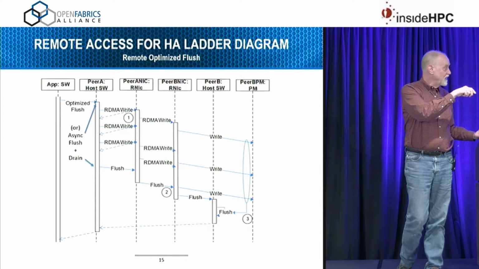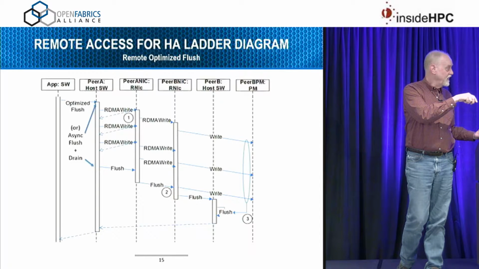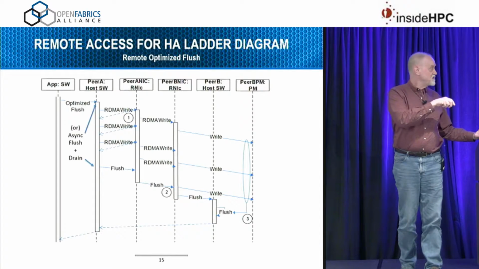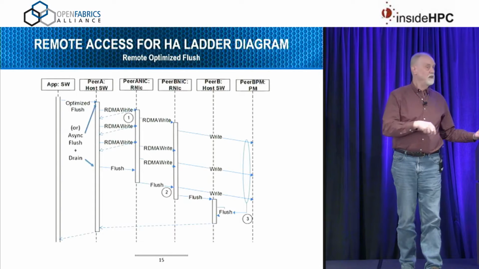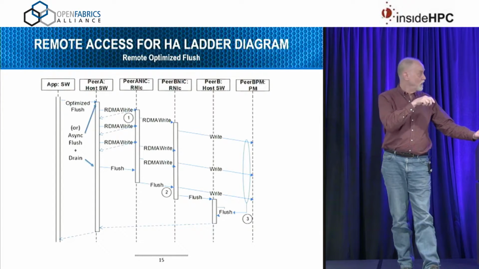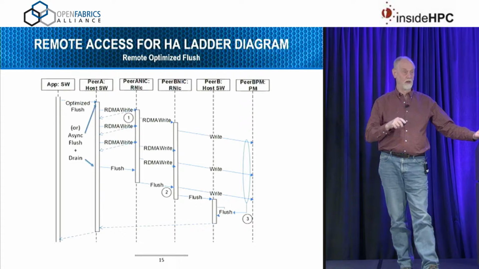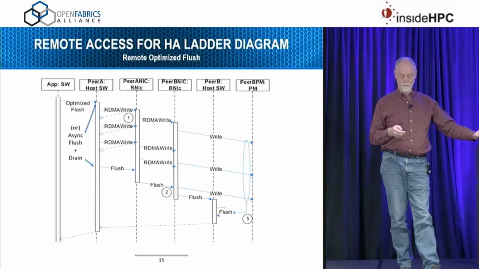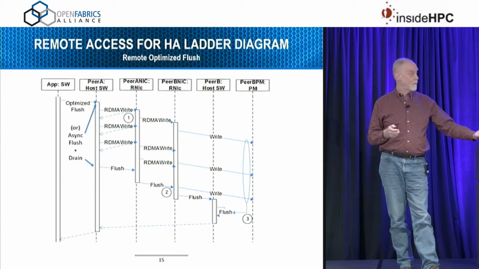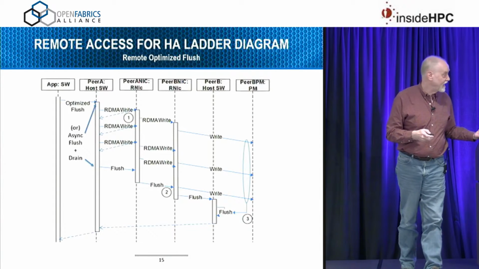It's an async flush, which does write, write, write, and a drain, which performs the flush at the end. Semantically, they're the same, but there is less of a bubble in between there. You can do multiple flushes and a single drain, for instance, or you can do other work while that's happening.